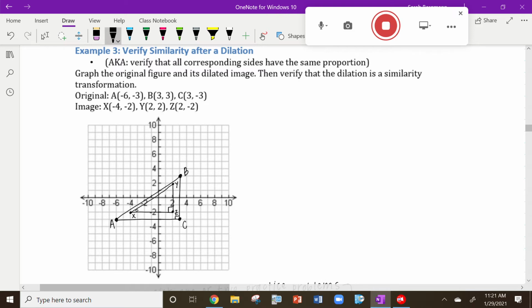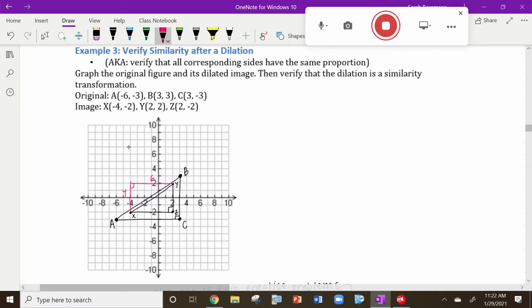Next, by looking at this horizontal, XZ, meeting the slope of XY, which is a slope of, let's see, we're going up 1, 2, 3, 4 units, and over 1, 2, 3, 4, 5, 6 units.